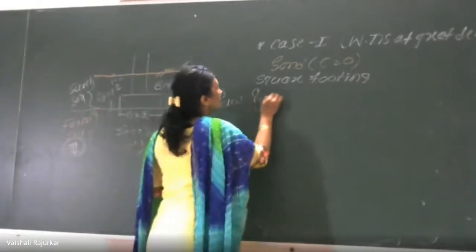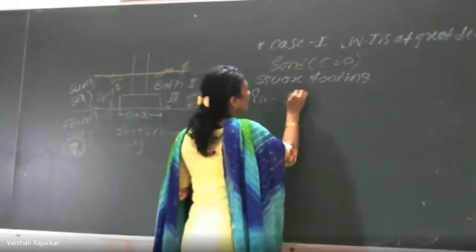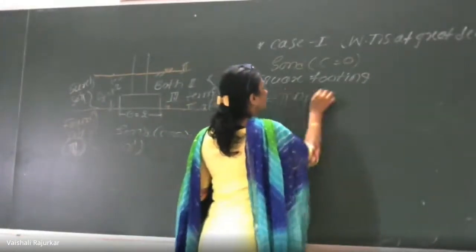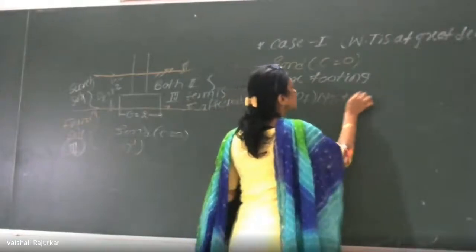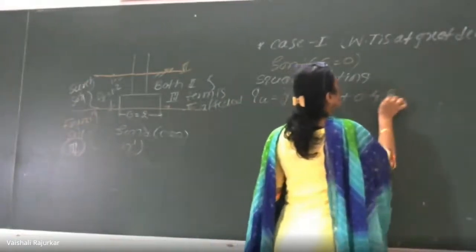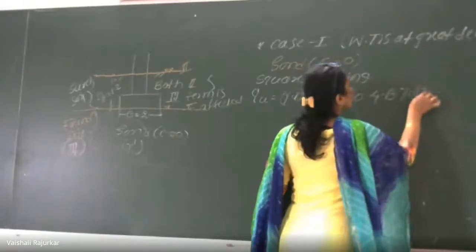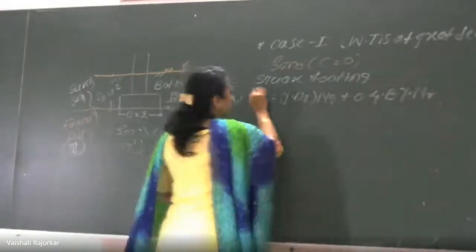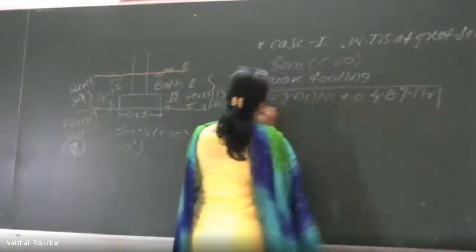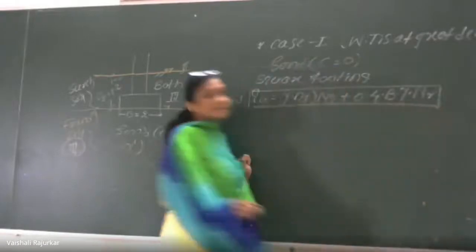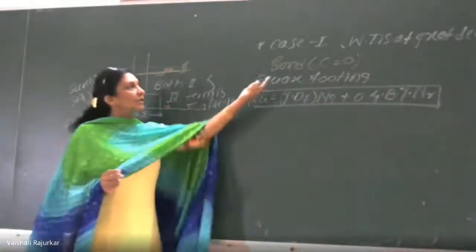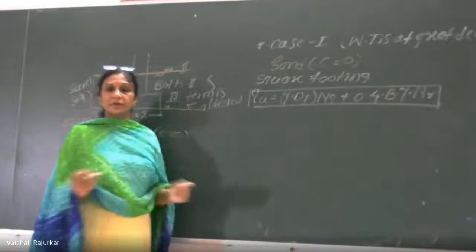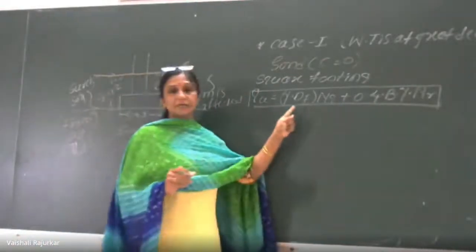That is Qu is equal to gamma into Df into Nq plus 0.4 B into gamma into N gamma. So this is the equation, because C is equal to 0, therefore the first term we will not take into consideration and directly come to the equation.